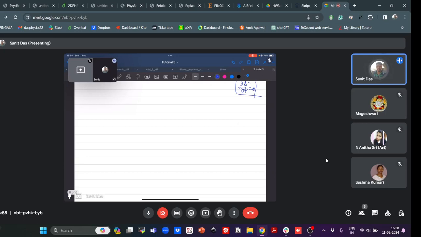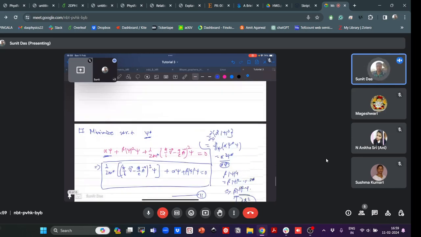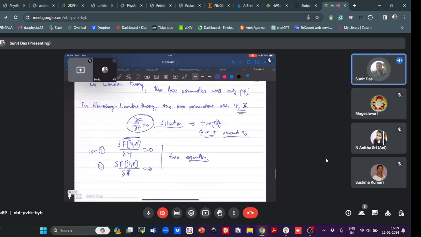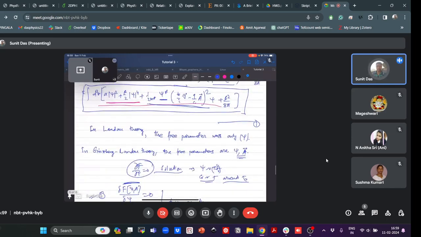Now we have to minimize with respect to A. This is the second task. Now this is a tricky thing because this is a functional form, we have some complicated form like this, and then B squared.